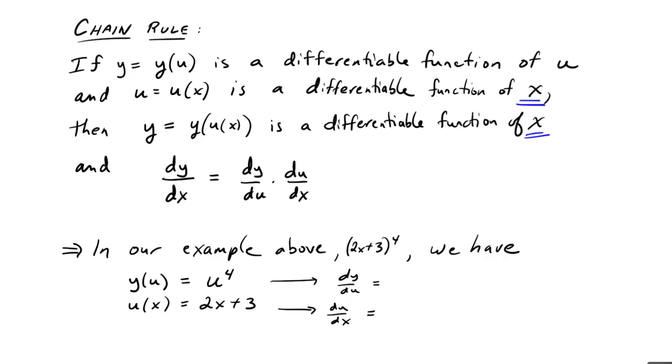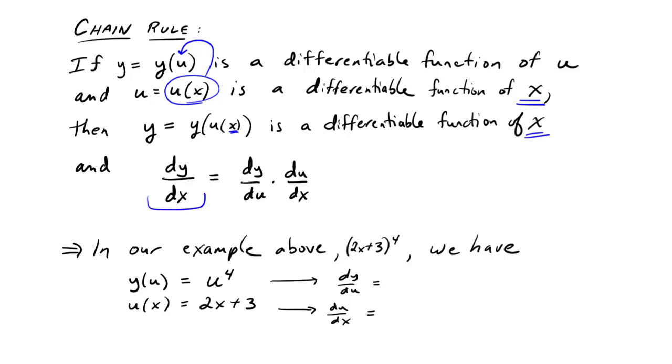Let's pause for a moment. We still have the y function, but we've taken the u function and put it in for u there, making y ultimately a function of x and getting rid of the u that we were going through.